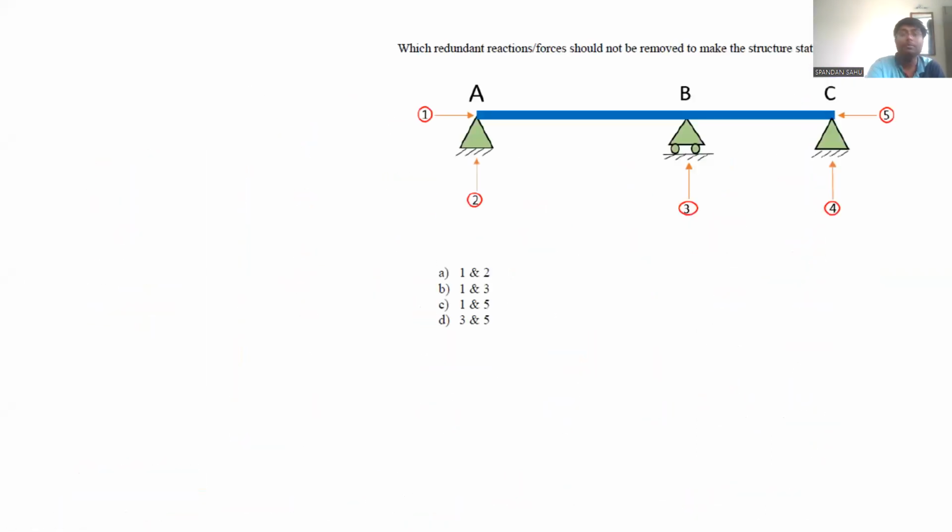Now let us solve some problems. Now tell me for this question, what will be the option? You should say which should not. They are asking should not.